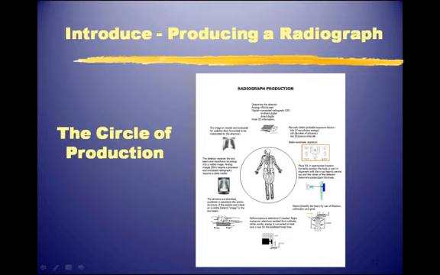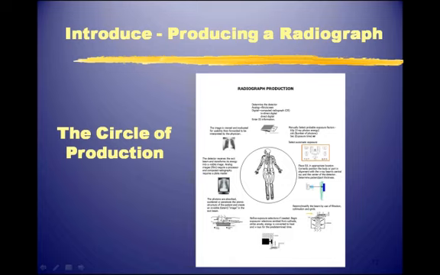We need to determine what type of detector. Is it an analog system, that is film screen, that requires processing, a processor? Or is it a digital system that uses a cassette, which would be cassette-based, or CR, computed radiography? Or is it a direct digital system? With this system, you produce the image, it immediately appears on the monitor.